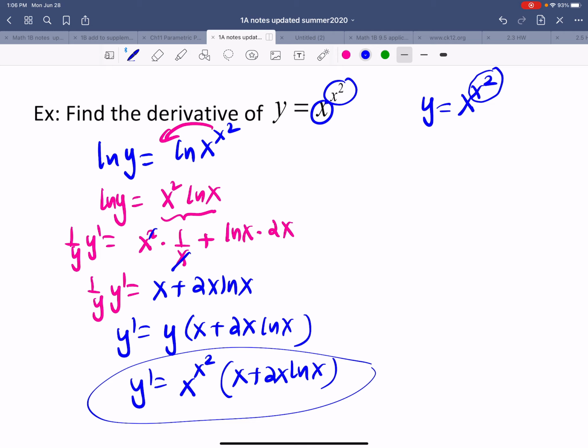So here's something I want to clarify. If you have the function y is equal to x to the second power, you might think that you can write it as x to the second power or x to the second power. This is not the correct notation.